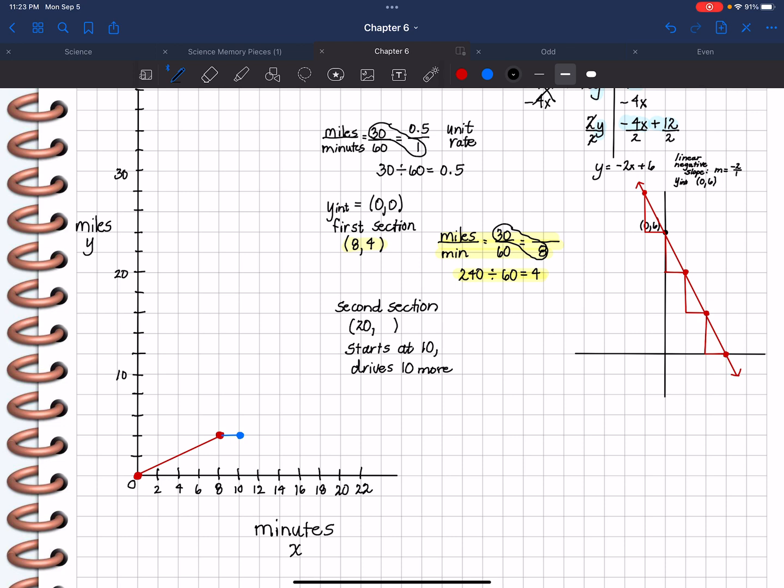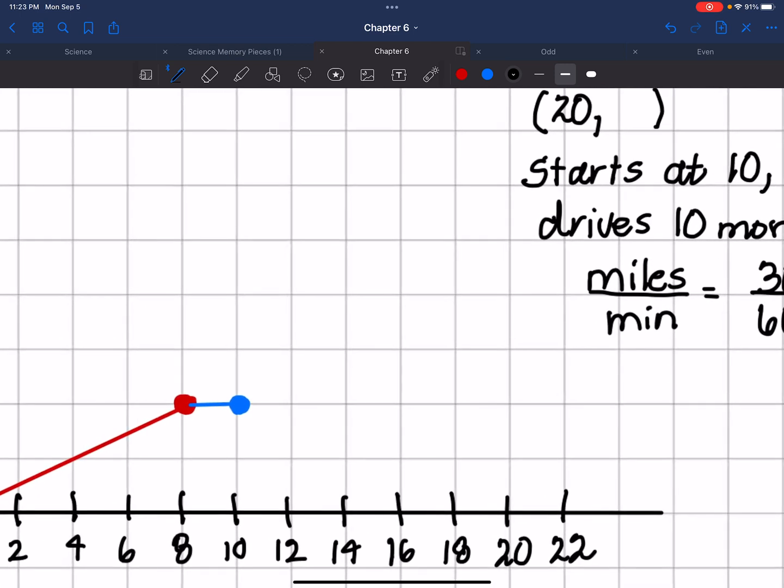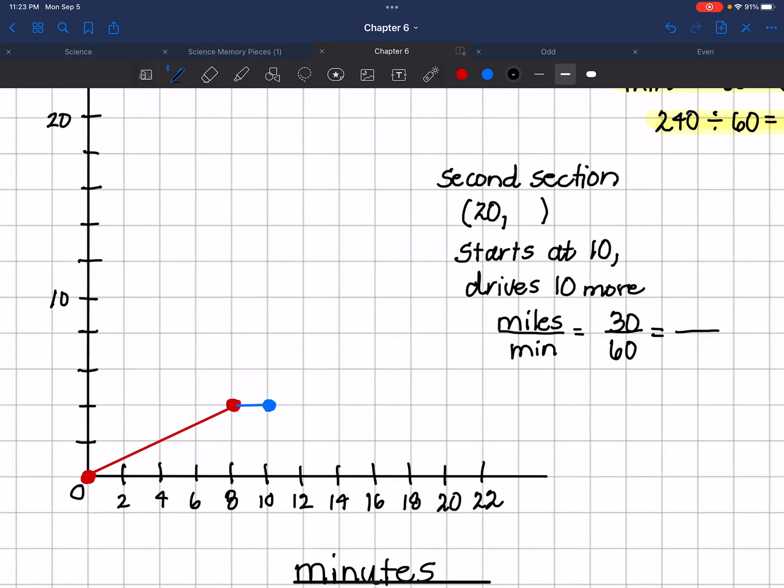So let's try setting up our miles to minutes again. So we're going to say that she drives 30 miles an hour. Now be careful. We don't want to have her driving in that blue interval, because remember, she's sitting still.